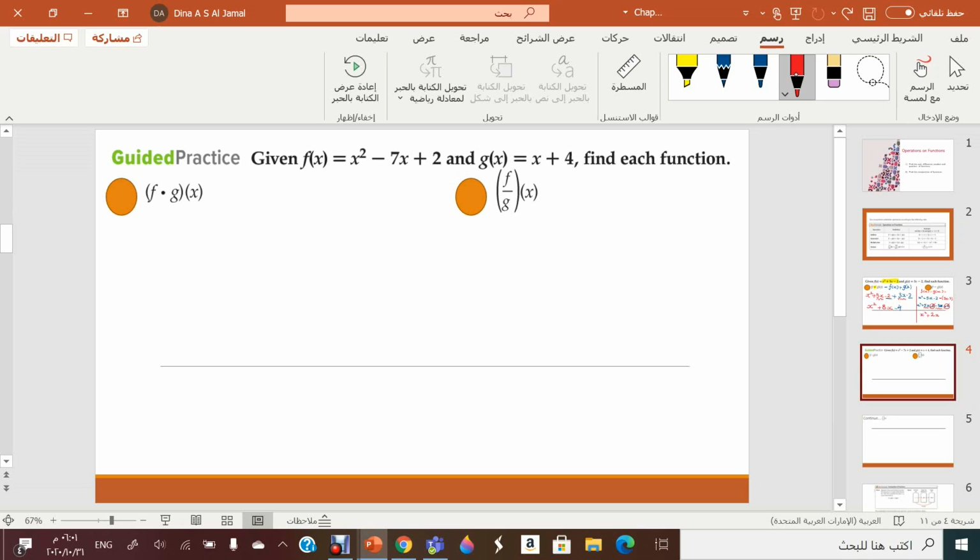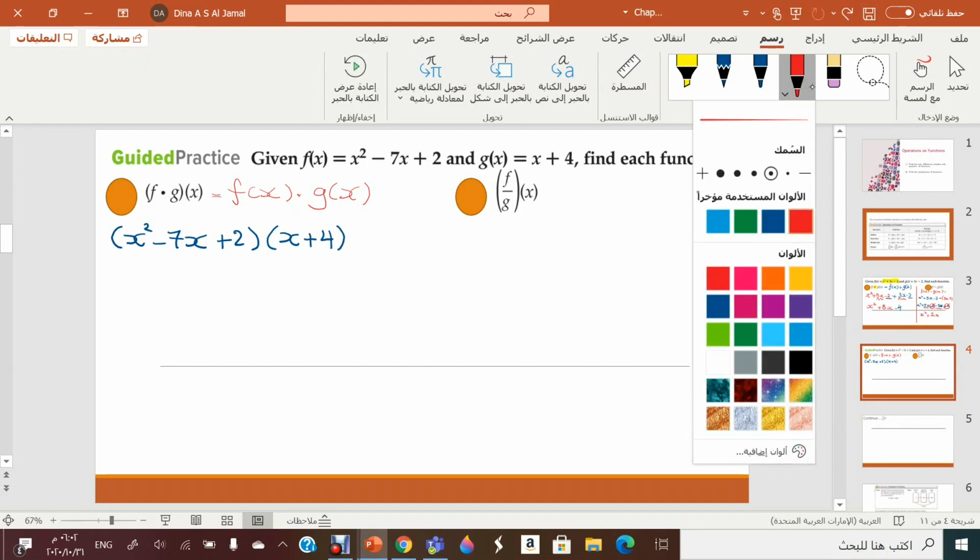How can we do them? So first of all, it is all about f of x multiplied by g of x. So we will put it as it is, x squared minus 7x plus 2, times x plus 4.